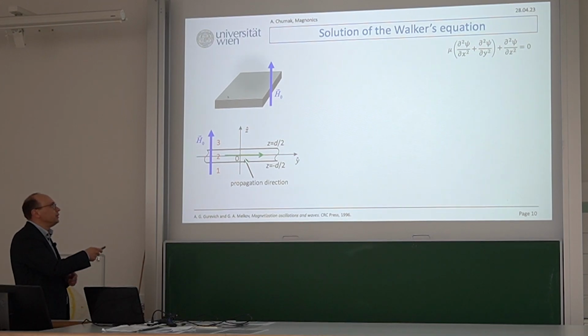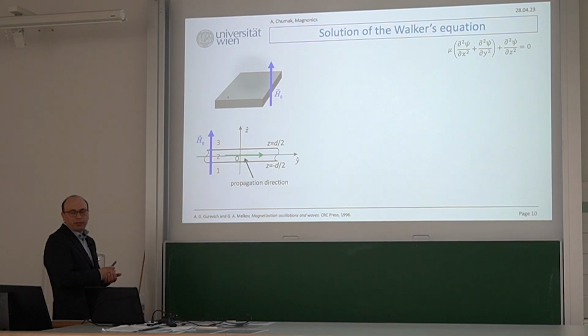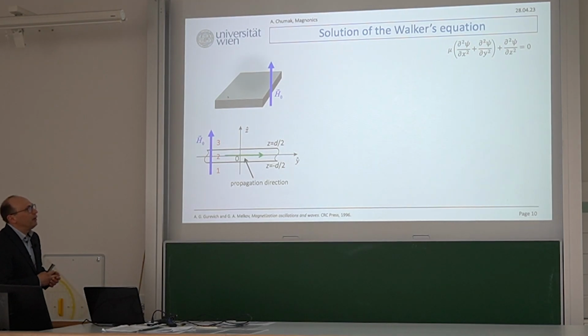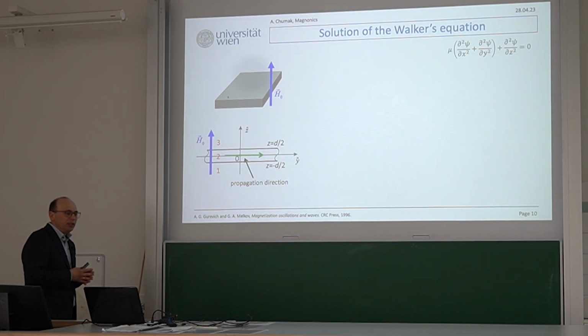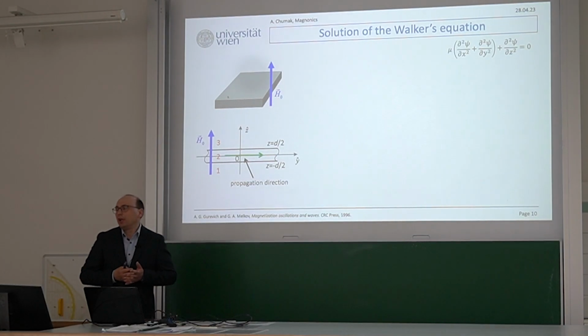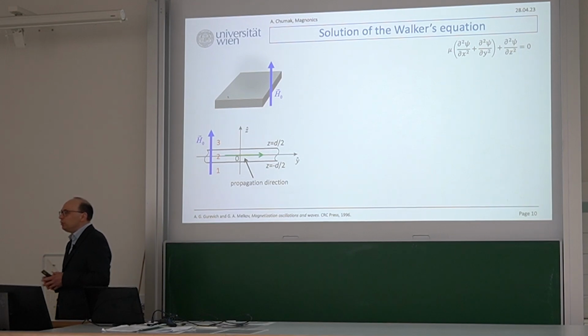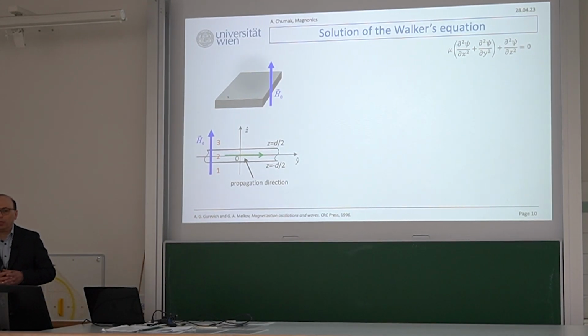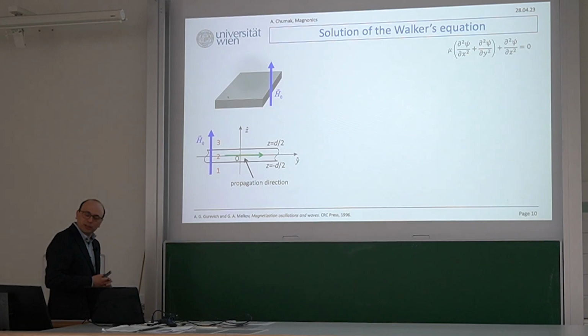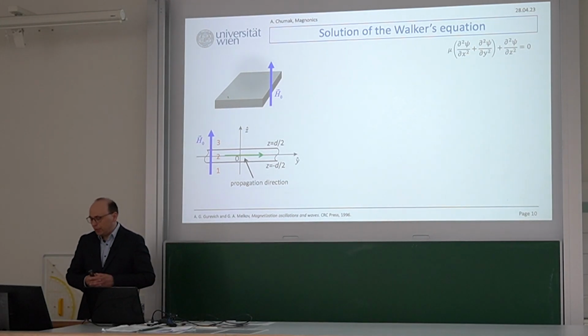You need to define your equation in each region, and you need to use boundary conditions. Strictly speaking, all this mathematics is not complicated, but it's very bulky. If you plan to do a PhD in magnonics, I would recommend going through this mathematics once in your life, so that you feel how it works and know where this dispersion comes from.